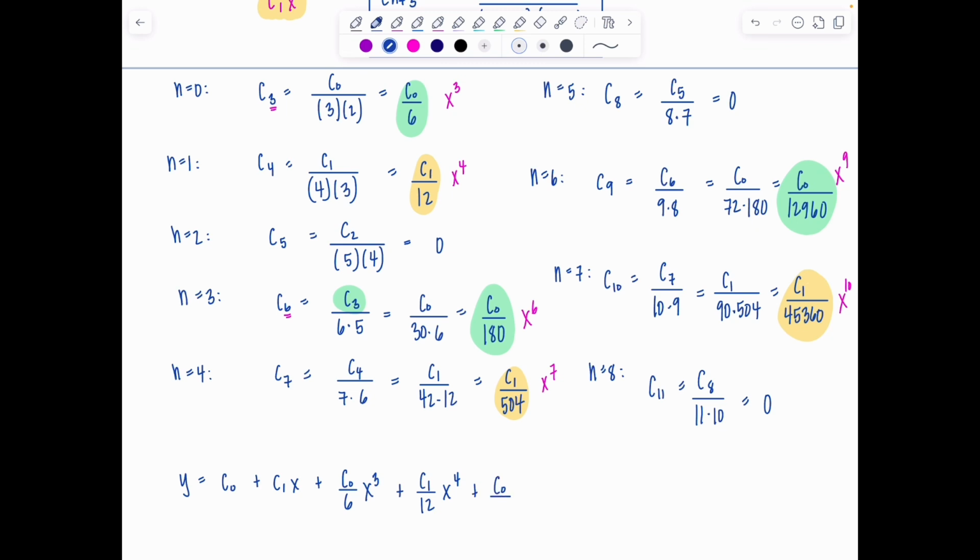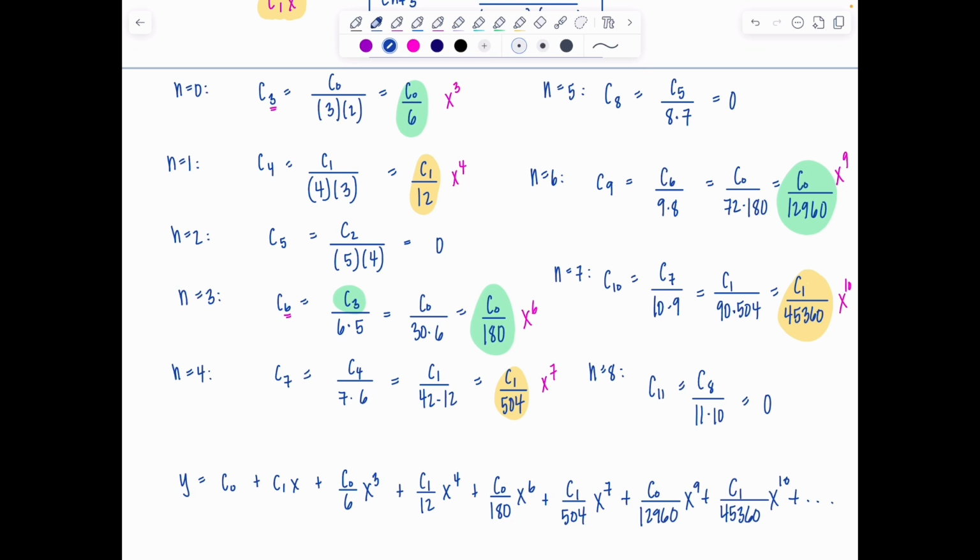C6 is C0 over 180, x to the 6th. C7, C1 over 504, x to the 7th. There's no C8. C0 over 12960, x to the 9th. C10, C1 over 45360, x to the 10th, plus yada, yada, yada.